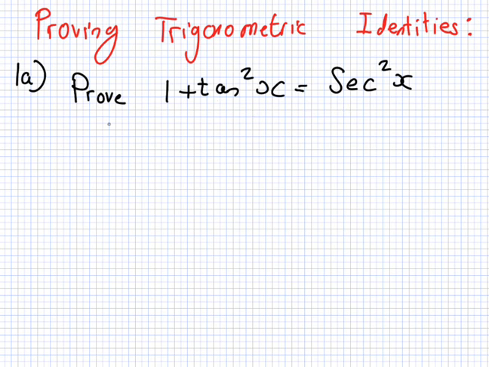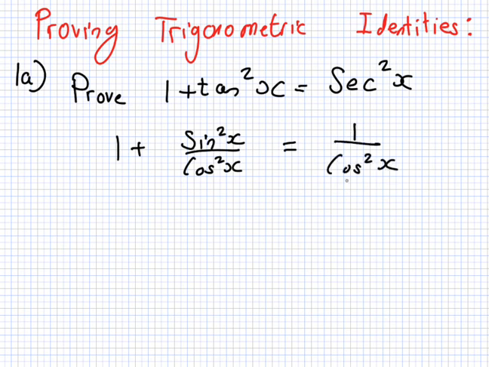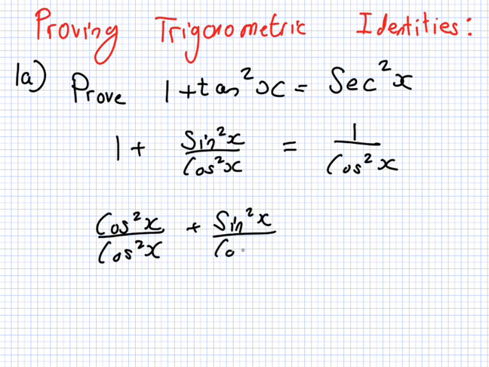So what I think I'll do here is keep it all together. So this is the same as 1 plus sine squared x over cos squared x. I want to show that this is equal to sec squared, which is 1 over cos squared x. But 1 is cos squared x over cos squared x plus sine squared x over cos squared x equals 1 over cos squared x.